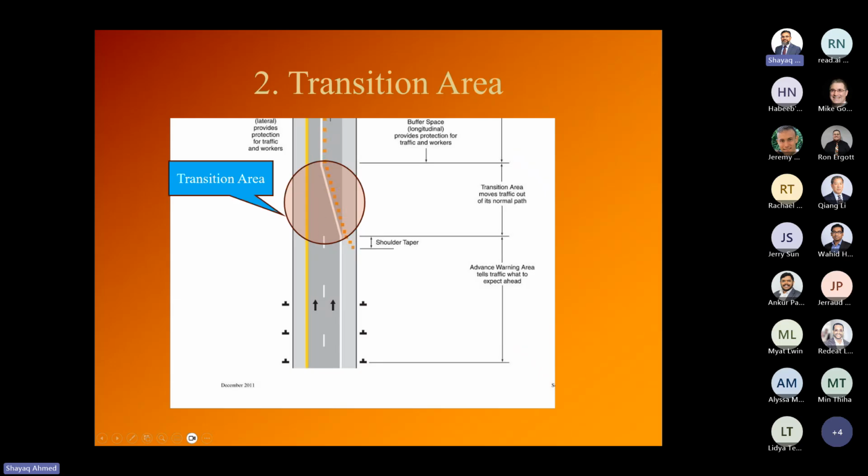This area is where a gradual transition from one condition to another occurs, in this case from 2 lanes to 1 lane. This requires a lane closure, so you have to have a lane closure arrow, shoulder tapers, and shoulder taper drums. Usually, shoulder tapers are 7 drums.